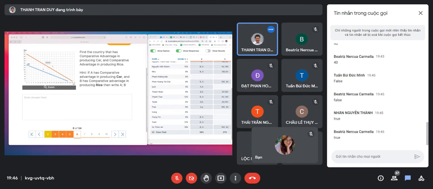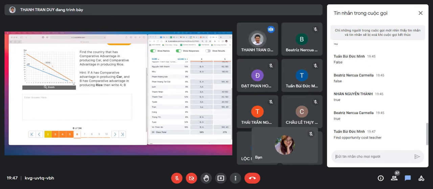Be active. Don't let me do all the talking. Try to say something. Anyone? No one? We compare the opportunity cost.